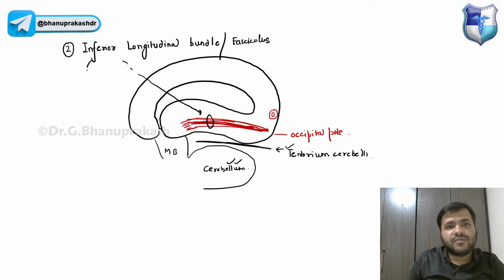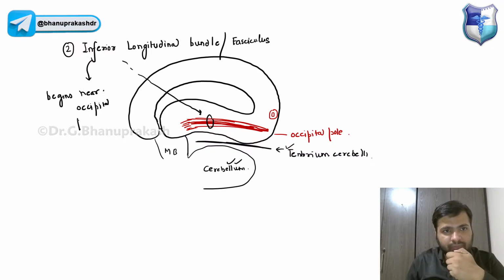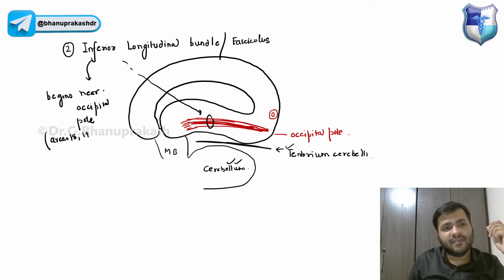So you already know this longitudinal bundle or fasciculus begins near the occipital lobe. The fibers are derived mainly from areas 18 and 19. We have already discussed these areas.